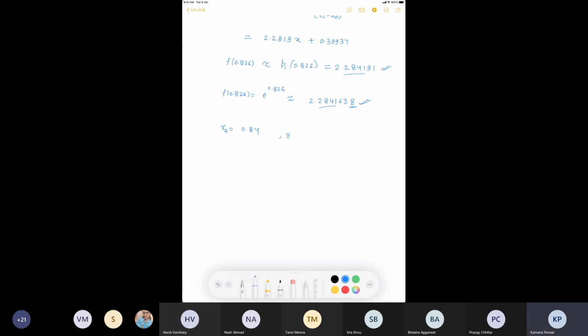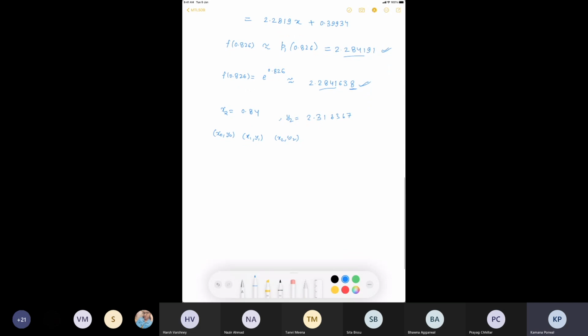The corresponding value y2 is 2.316367. Okay, this is the given value, suppose we have it. So now we have three data points, x0, y0, x1, y1, and x2, y2, so we can design a quadratic interpolating polynomial.